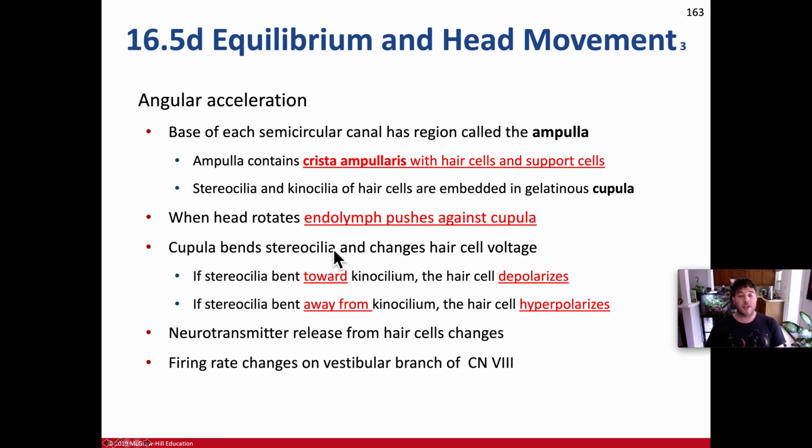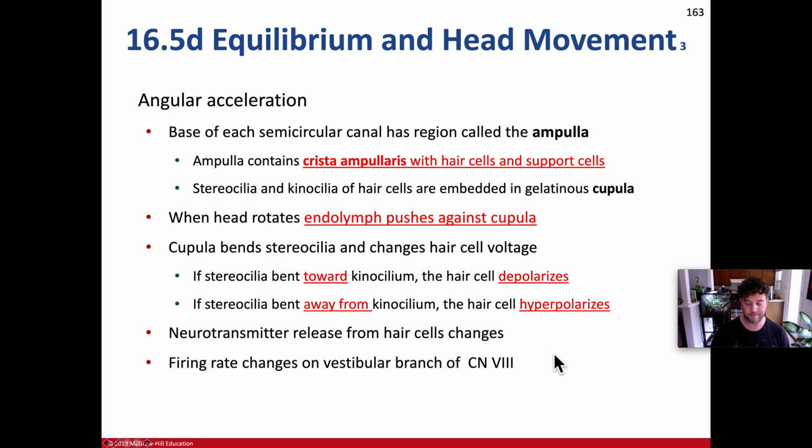The cupula bends the stereocilia and changes the hair cell voltage, so it polarizes or depolarizes them. If they're bent toward the kinocilium, the hair cell depolarizes; away, it hyperpolarizes. Same thing as in the vestibule. The neurotransmitter release from the hair cell changes as they're depolarized or hyperpolarized, and the firing rate changes then to the cranial nerve 8.